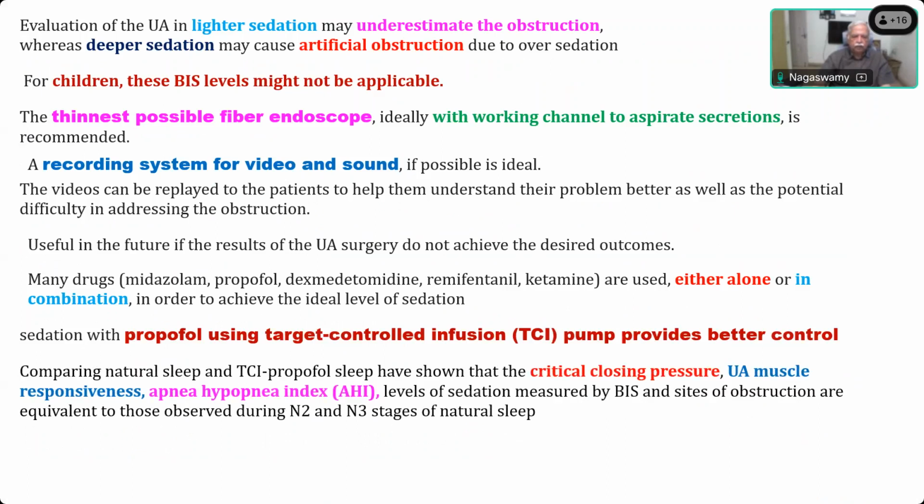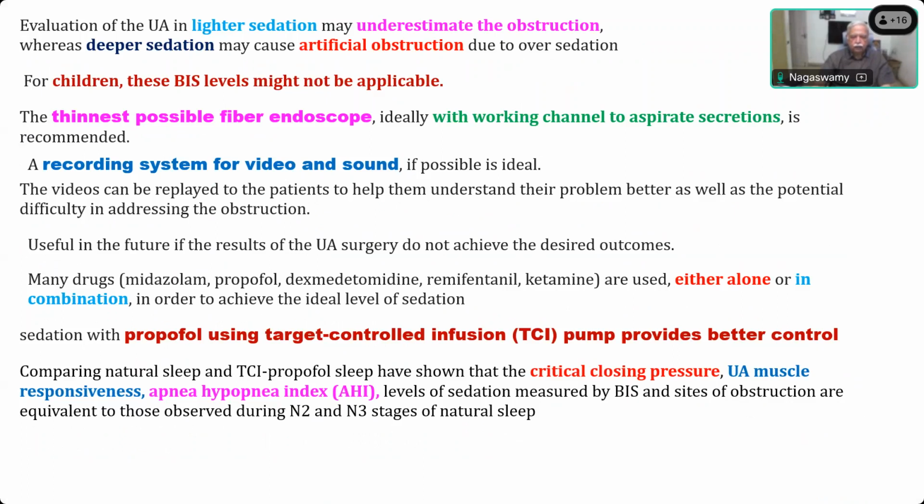Comparing natural sleep to TCI propofol sleep, it has been shown that the critical closing pressures, upper airway muscle responsiveness, apnea hypopnea index, levels of sedation measured by BIS, and sites of obstruction are equivalent to those observed during the N2 and N3 stages of natural sleep.